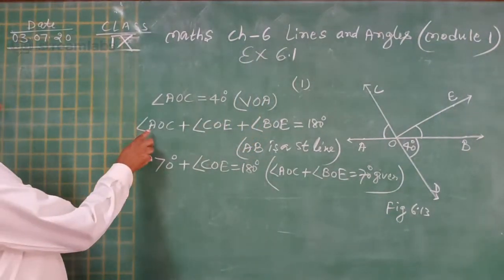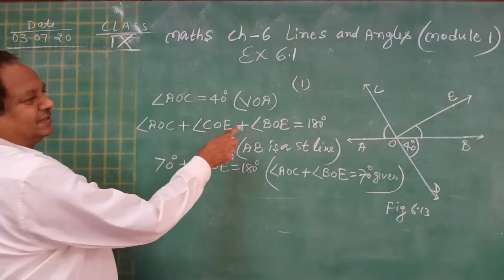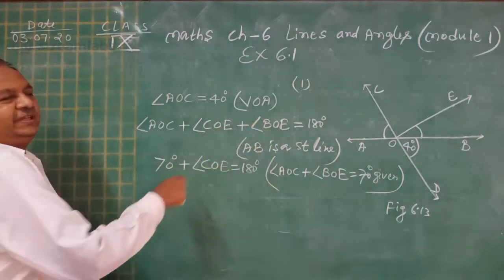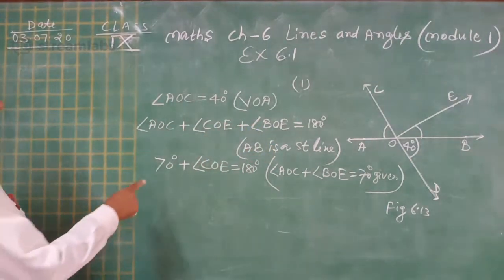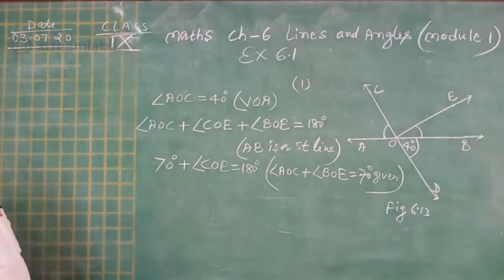In place of angle AOC plus angle BOE, we have written 70 degrees, as given in the question.